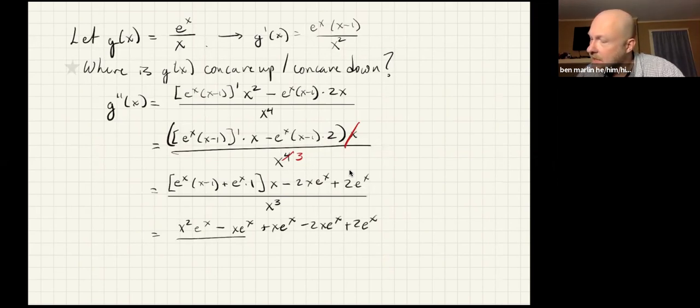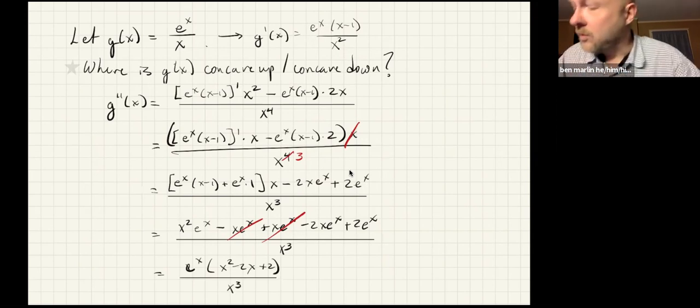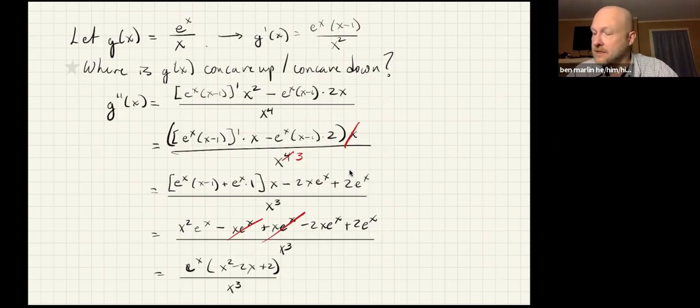That looks like a terrible mess, but we have these two parts that will cancel out, and then we have this being equal to, I'll factor out an e to the x and have x squared minus 2x plus 2, and then on the bottom I'll have x cubed.